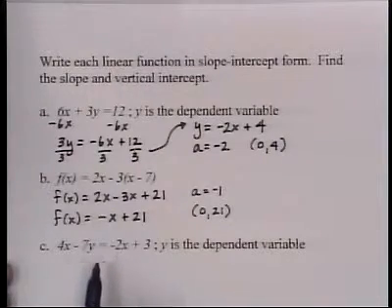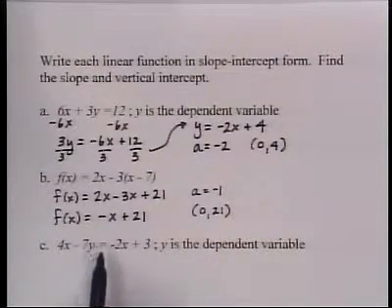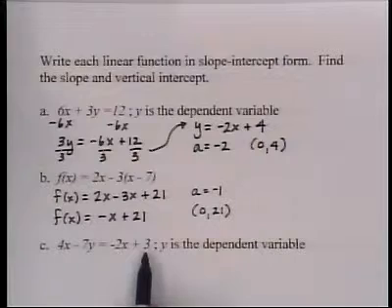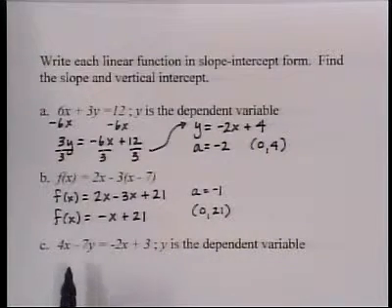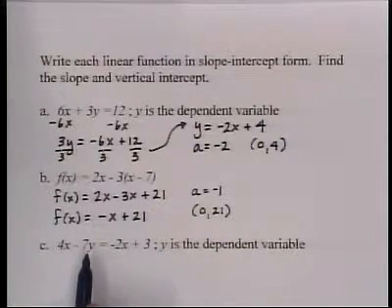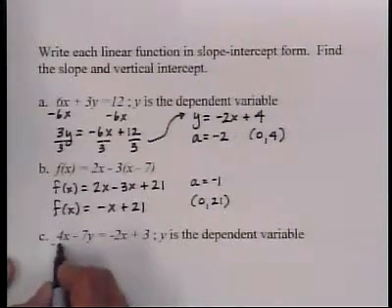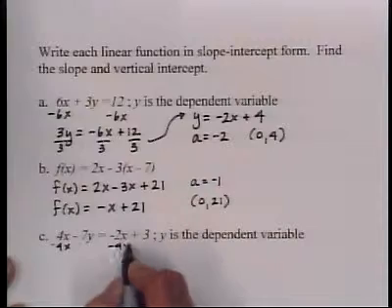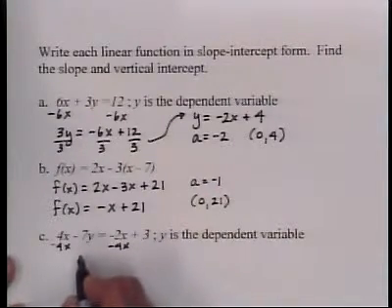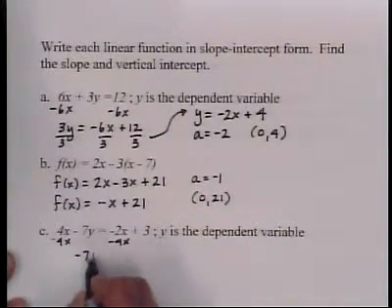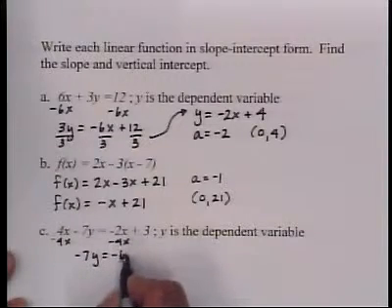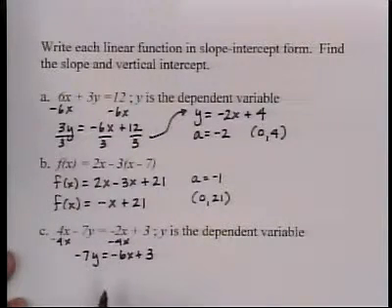Our last equation is 4x minus 7y equals negative 2x plus 3. Again, we're told y is the dependent variable, so we want to get y by itself. As a first step, I'm going to subtract 4x from each side of the equation, which will give me negative 7y equals negative 6x plus 3.